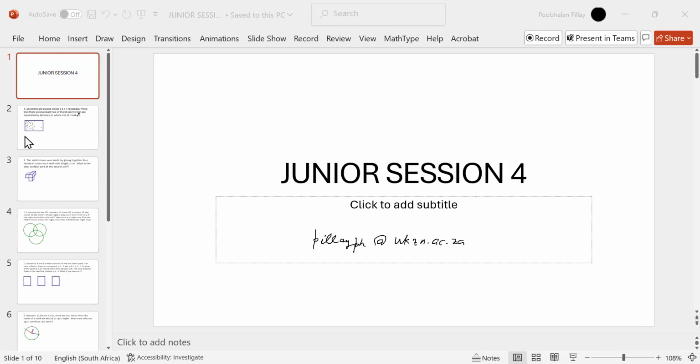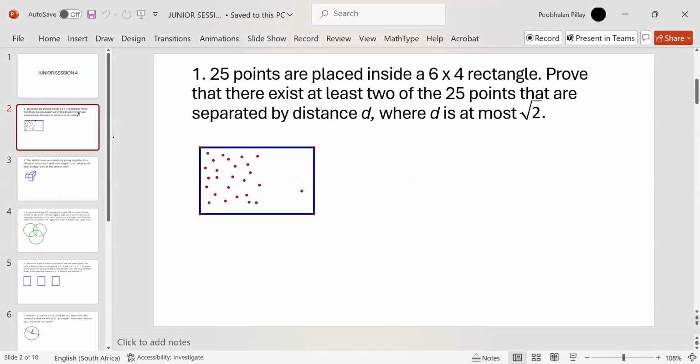Okay, so let's go. The very first question we are going to do is this problem. You've got 25 points placed inside a 6x4 rectangle. Prove that there exist at least 2 of the 25 points that are separated by a distance d, where d is at most root 2.